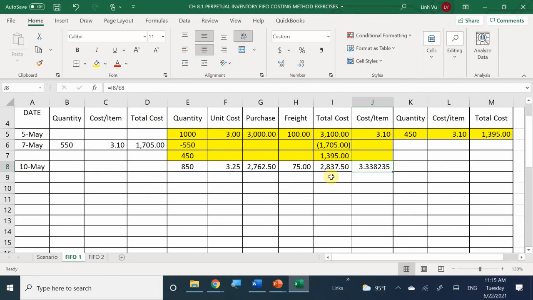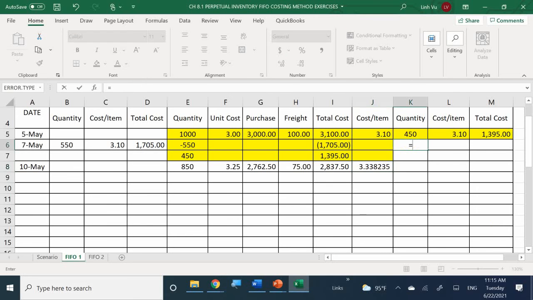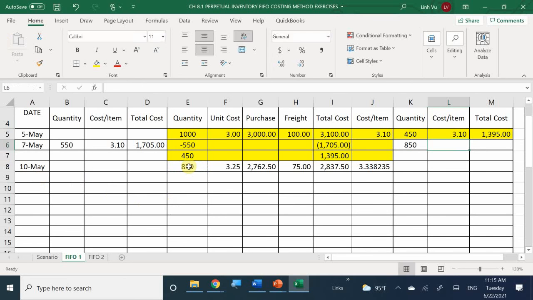Okay. In this case, I'm going to carry this value over into my inventory on hand. So I have an additional 850 costing me $3.338235. I'm keeping this in here because I don't want to round early, because I'm selling thousands of items.